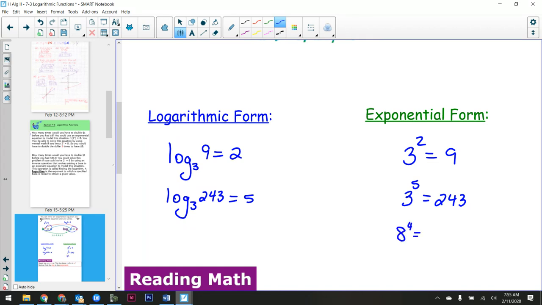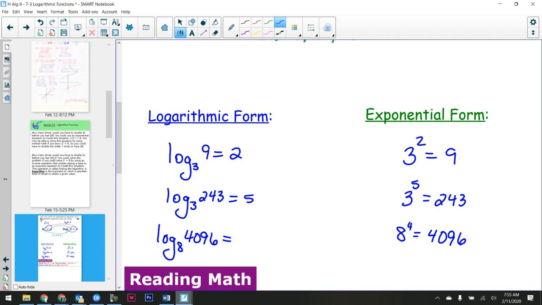What's 8 to the 4th power? Somebody do that for me. Whatever 64 times 64 is. 4096. Okay, so 4096. That would mean log base 8 of 4096 is equal to 4. See, the bigger you make your base, the smaller your exponent is going to be, because it's only going to take a smaller exponent to get really big.